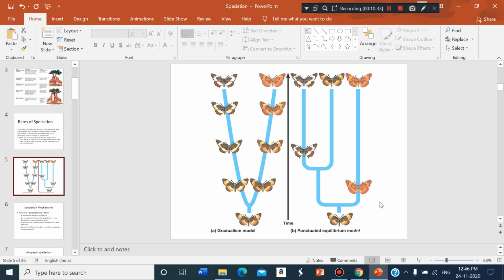But in punctuated equilibrium, it is not like that. All of a sudden, because at this level there were very rapid genetic changes happening, with one or two steps or even without any such steps, a new species can be formed. That is what we call punctuated equilibrium.